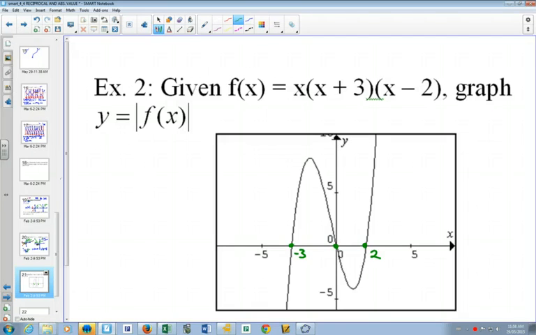And if I were to graph the absolute value on the same graph, does it make sense that this part's not going to change because my y values are positive? And this part's not going to change because my y values are positive. But these other parts, which I'll sort of dot in red here, that's where my y values are negative. They're going to get flipped up over the x-axis.